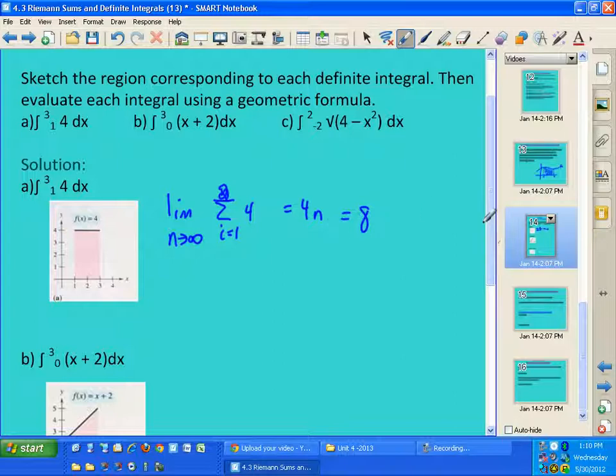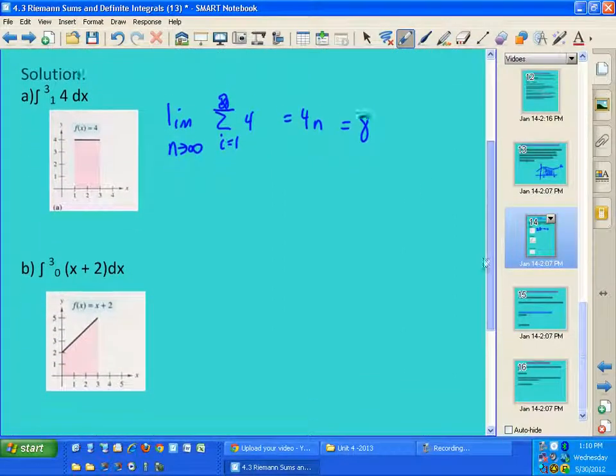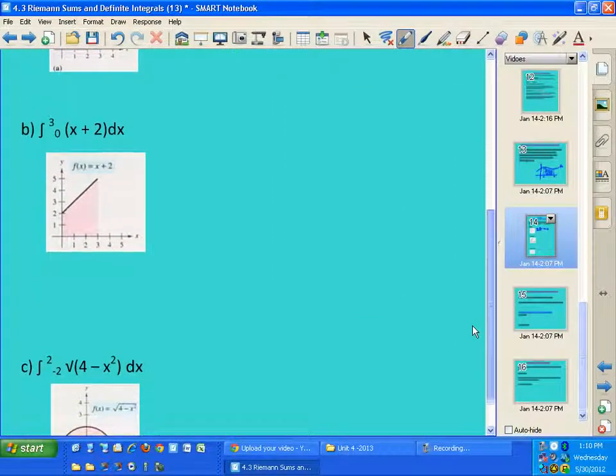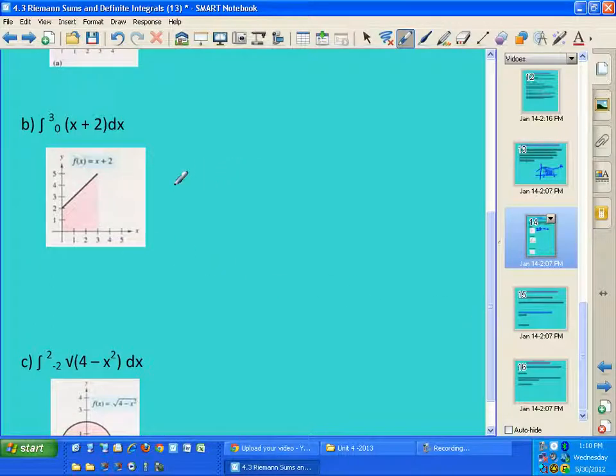Alright, and so all of these are just connecting the area of a geometric shape to what we're used to. You'll notice that the height of this trapezoid, the base is 2, this base over here is 5, and the height of the trapezoid is the distance between. So this definite integral between 0 and 3 would be found by taking 1/2 of the two bases added together and multiplying that by 3.